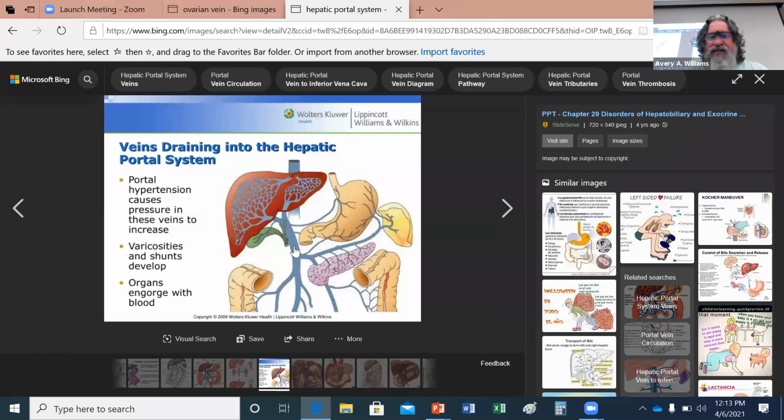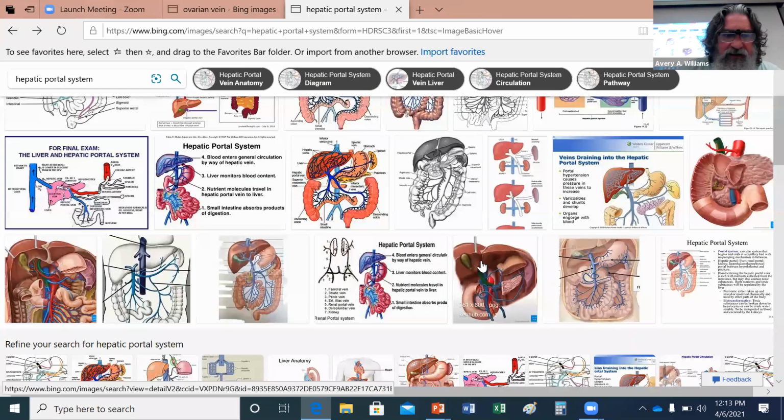The hepatic portal vein is one giant vein formed from the union of the superior mesenteric vein and the gastrosplenic vein. Okay. The hepatic veins drain the liver into the inferior vena cava. That's this big blue one in the background. That's one view of it. Let me look at another view of it, like that.